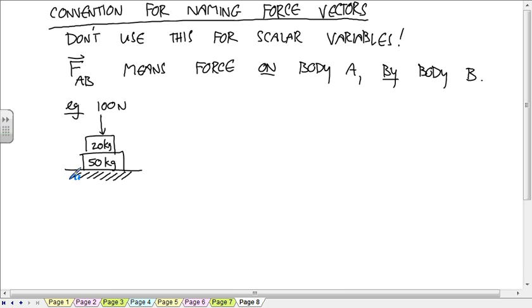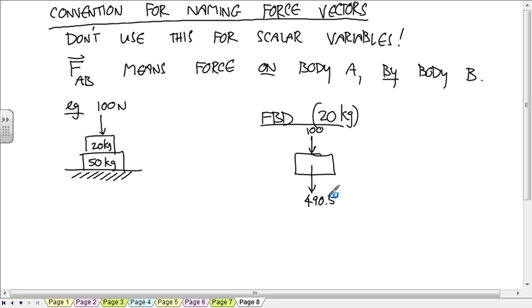Then a free body diagram of the 20 kilogram box. Okay, so what forces would be acting on this? So there's the 100 newtons. There's the weight. That's straight down with a magnitude of 490.5.